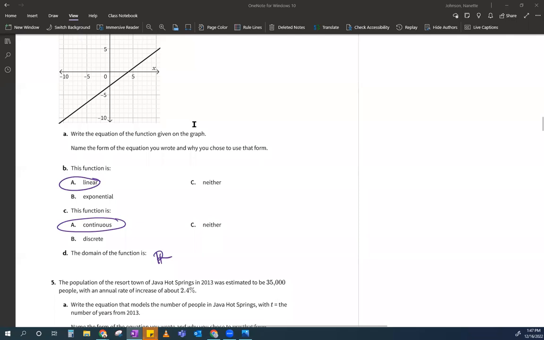So I'm going to show you something that is not all real numbers. Let's say that I had a line that looked like this. Do you see how if I look on the left side, there's no blue part here? So that's number 1. That's not all real numbers.